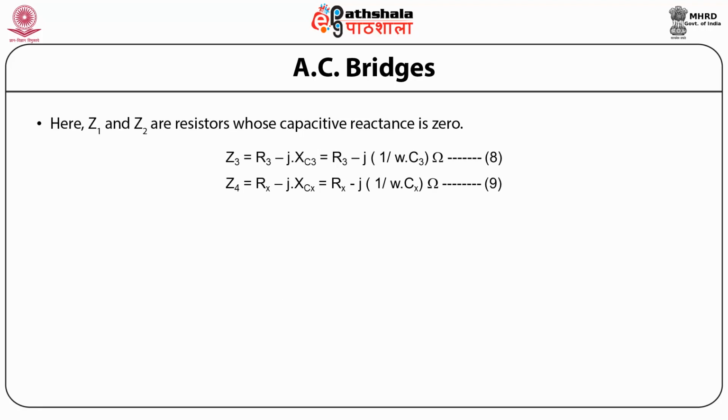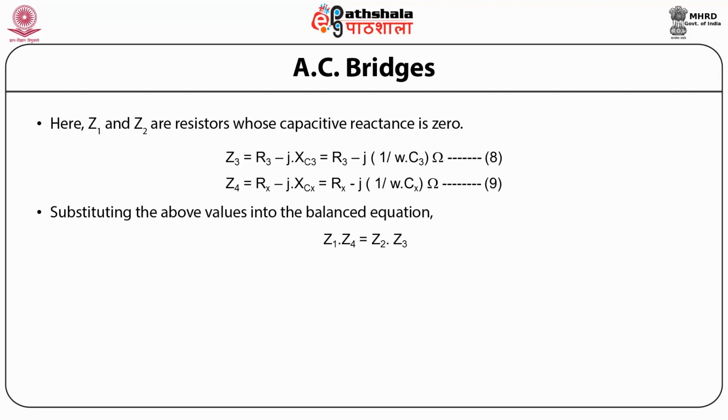That is, Z3 equals R3 minus jXC3, which equals R3 minus j into 1 by omega C3 ohms, and Z4 equals Rx minus jXCx, which equals Rx minus j into 1 by omega Cx ohms.